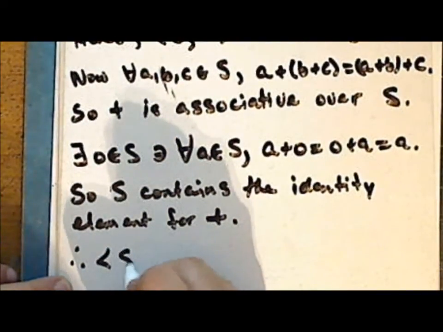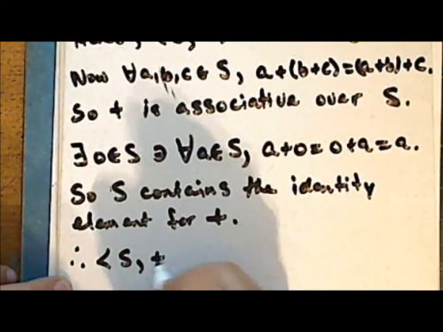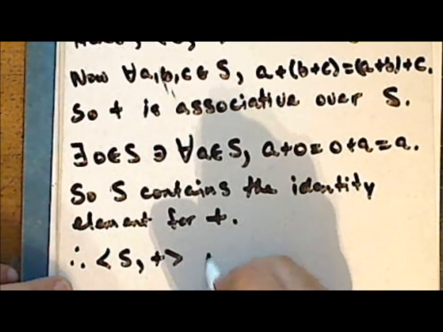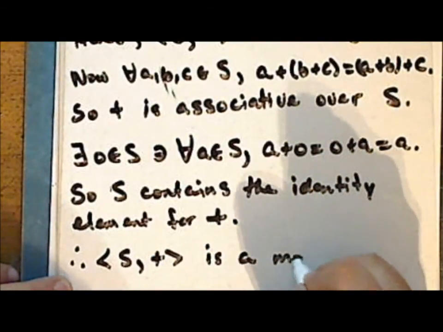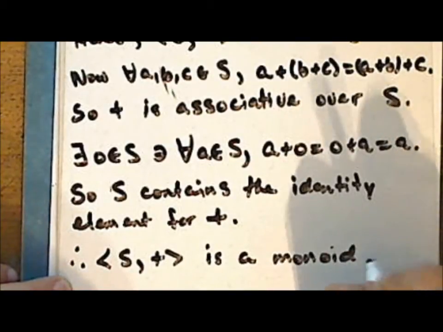Therefore, the structure consisting of the set S together with addition is a monoid. All right.